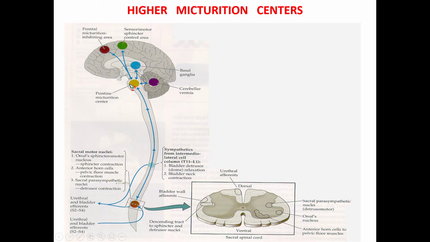So the pontine micturition center is normally kept inhibited by the higher centers, because they are responsible for passing the urine whenever you find a socially acceptable place for voiding, for emptying the bladder. And once you need to empty your bladder, the frontal center releases the pontine micturition center, and its function is now to stimulate this area and pass the urine onward.